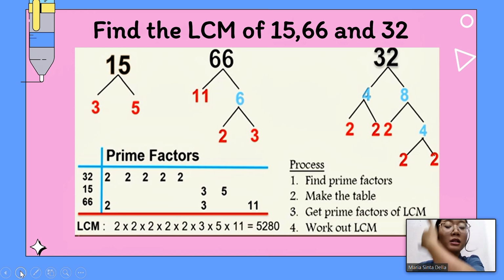Now set up the prime factors table and put the like factors in vertical columns. Leave a space where there is no mate.